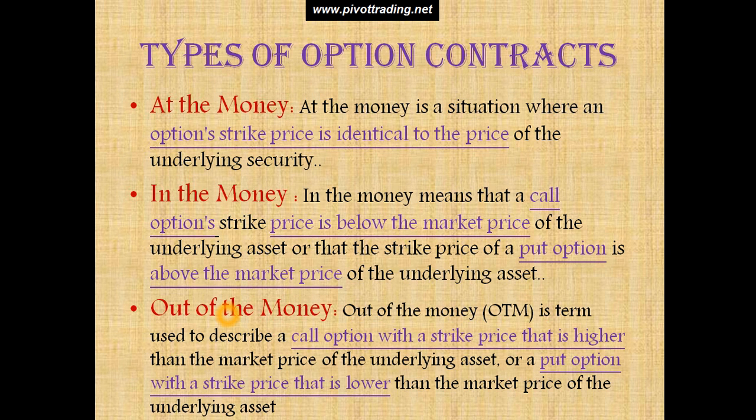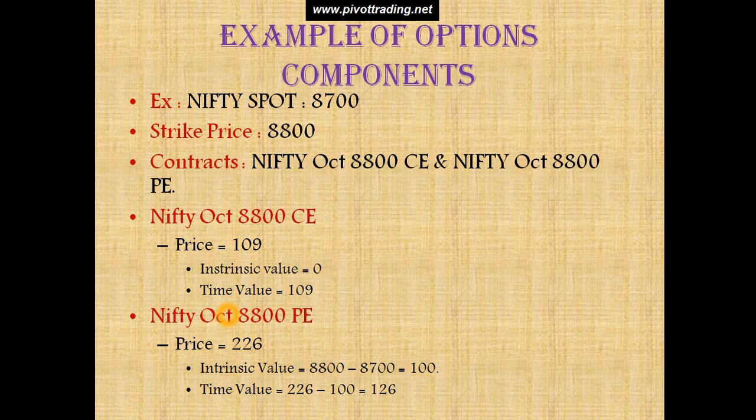The third type of options is called out of the money. A perfect example of this is the call that we took, the first example. Nifty is currently at 8700 and we are saying that I'm buying Nifty at 8800. So you're optimistic about something, but if you look at the current situation, you are at a loss.